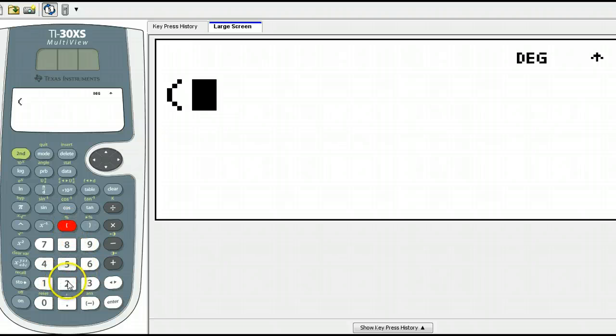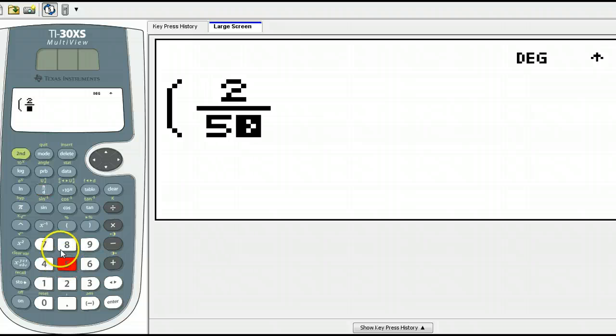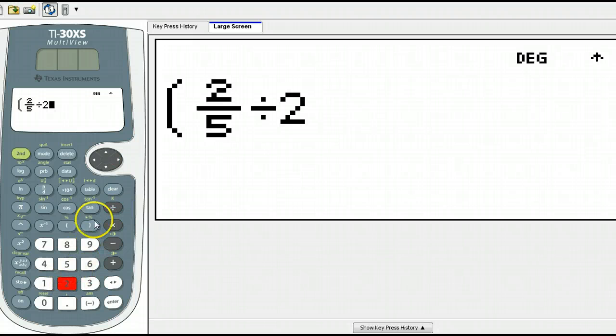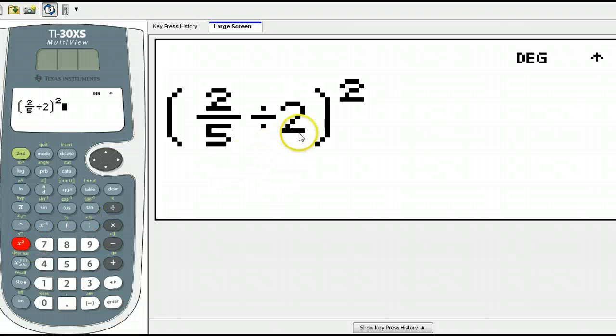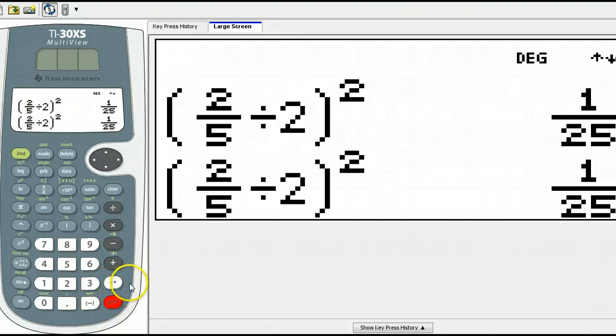I've got 2 over 5, so I want half of that, so I could do 2 over 5 divided by 2. That's half of the middle. But then I want it squared. So there's half of the middle squared, and it's 1 over 25.